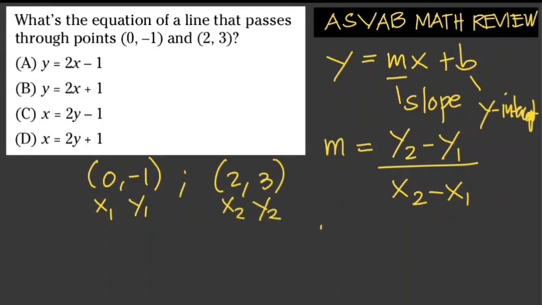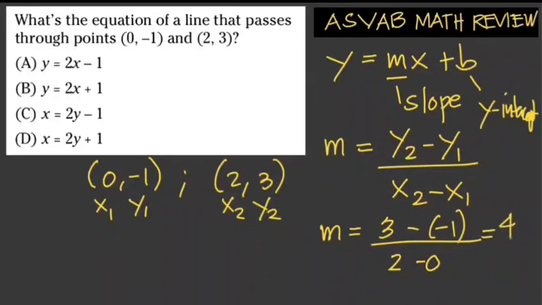Now we can solve for our slope. We just plug in the values of x's and y's. So y sub 2 is 3 minus -1 over 2 minus 0. So this is 3 plus 1, which is 4, over 2 minus 0, which is 2. Therefore, our slope is just equal to 2.